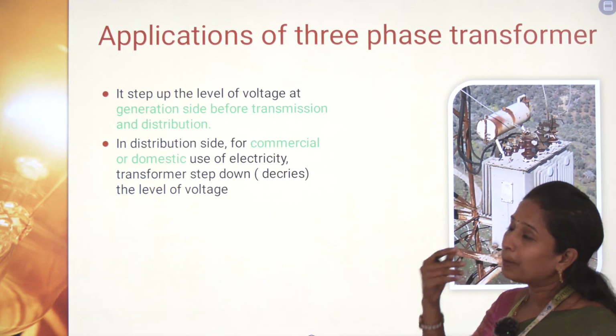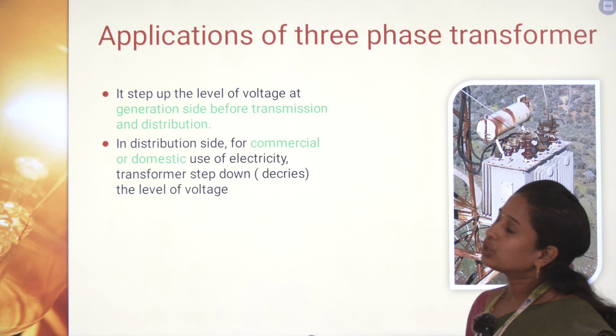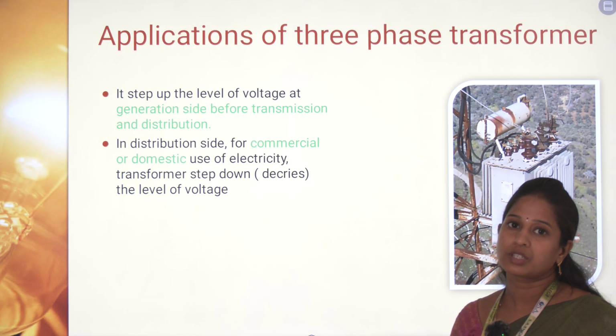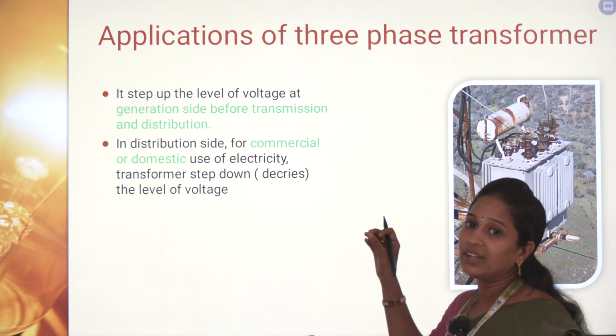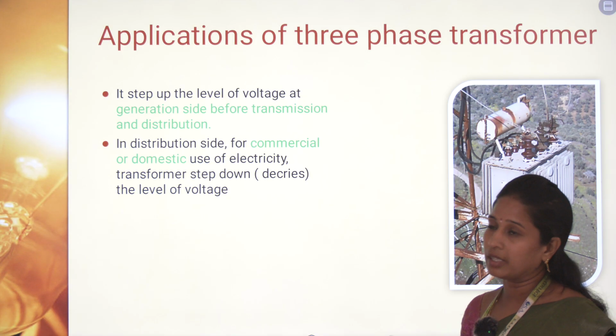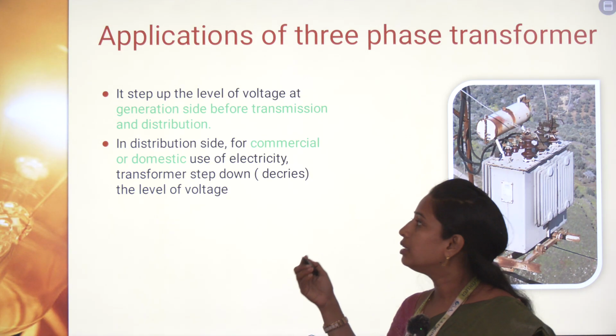Then the applications of the three-phase transformer. It is mostly used for step-up and step-down purposes, and for changing the level of voltage at the generation side before transmission and distribution.